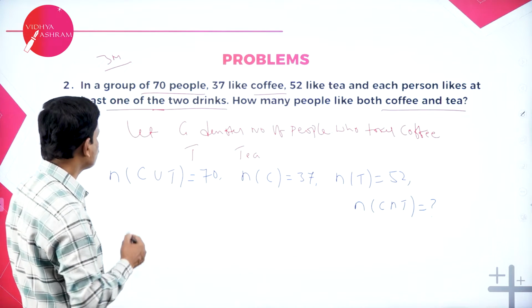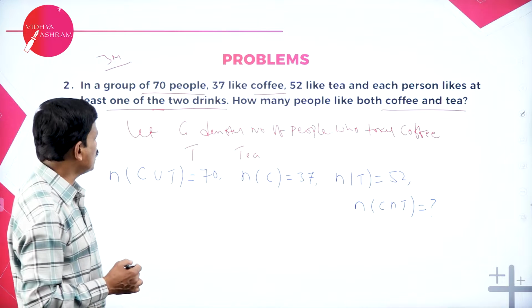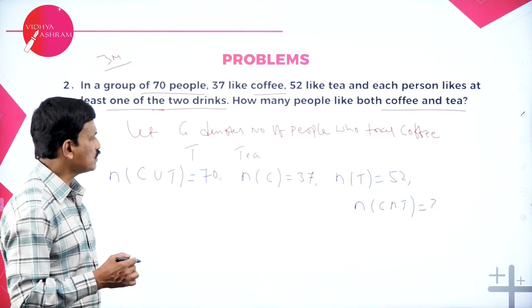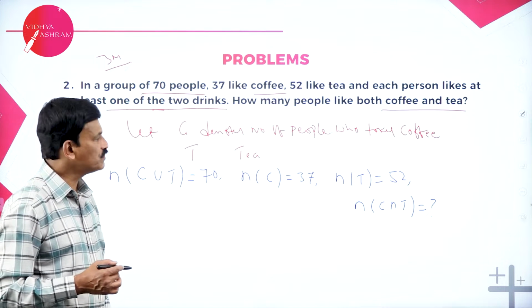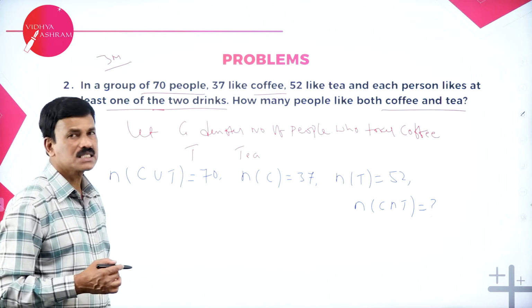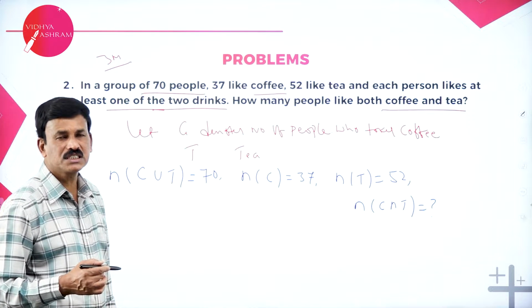That's it. So C union T is given 70, N of C is equal to 37, N of T is equal to 52, and N of C intersection T is required to be determined.